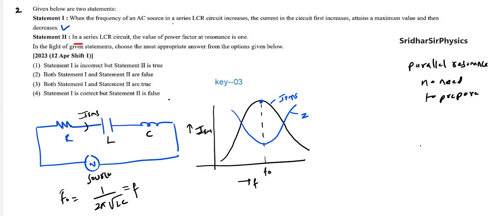In a series LCR circuit, the value of power factor at resonance is 1. What do you mean by power factor? Power factor का, we will draw a triangle, impedance triangle.